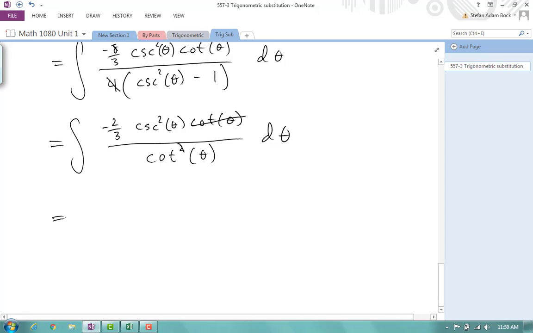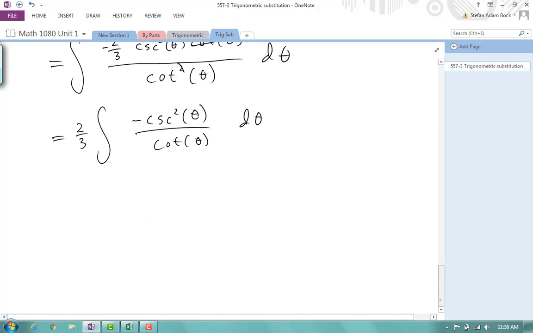More specifically, the derivative of cotangent is negative cosecant squared. So I'm going to factor out the 2/3 all the way outside of the integral. I have negative cosecant squared of theta all over cotangent of theta d theta, and now I have myself a u substitution.